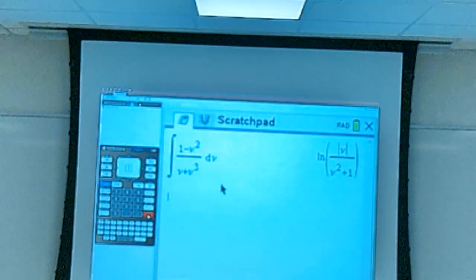There it is. And notice we don't need the absolute value on the v, or in the denominator, right? v squared plus 1 will always be positive. But technically, it's the absolute value on the whole thing.